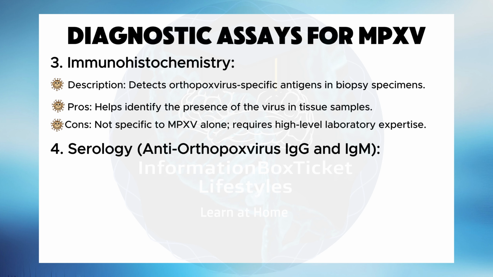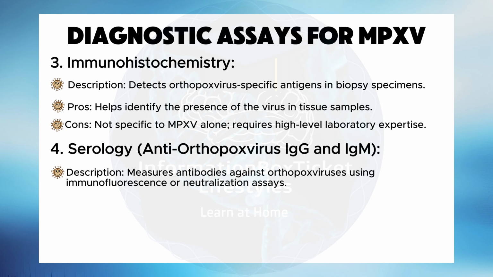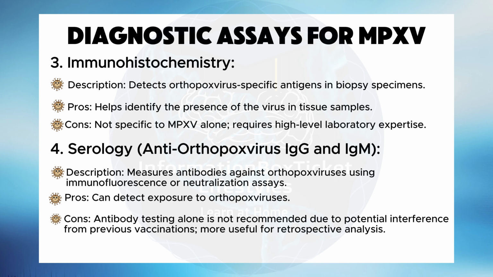Anti-orthopoxvirus IgG and IgM. Description: measures antibodies against orthopoxviruses using immunofluorescence or neutralization assays. Pros: can detect exposure to orthopoxviruses. Cons: antibody testing alone is not recommended due to potential interference from previous vaccinations, more useful for retrospective analysis.